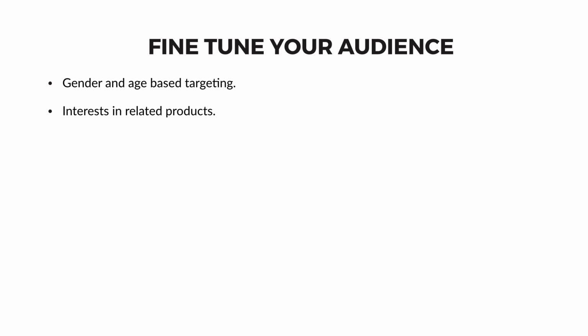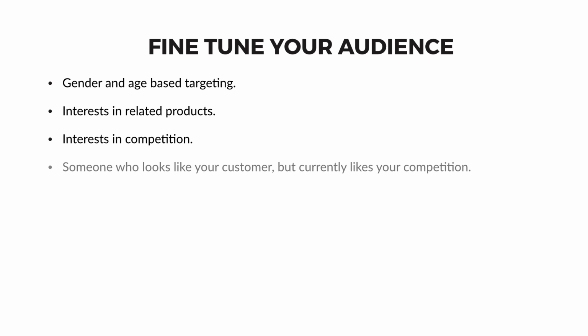So we do a lot of gender targeting, age targeting, and a lot of interest targeting: interested in your competitors, interested in companies that are like you, interested in like businesses, which I think are awesome targeting capabilities. And then taking it one step further, starting to pair those targeting capabilities of behavior and interest with your lookalike audiences is really, really powerful. So now you can say that somebody likes your competitor and they look like your customer.